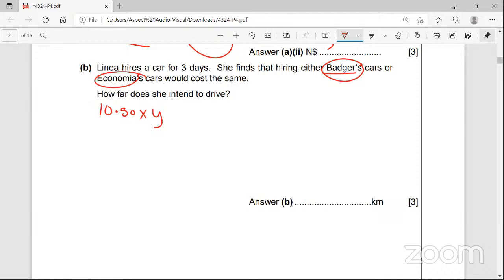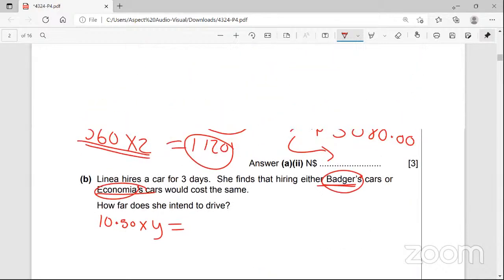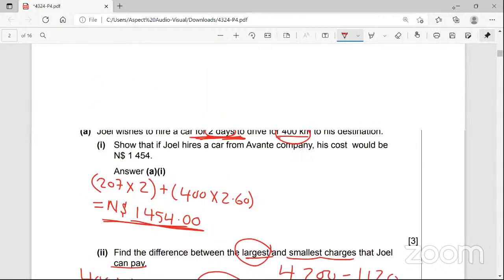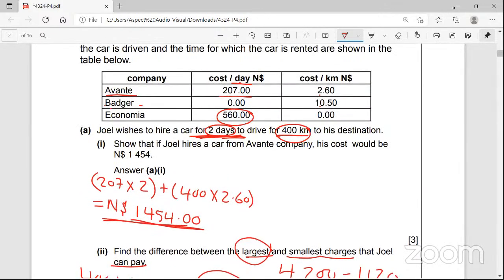Okay, so they are saying that if she hires with this company and this one, the cost will be the same. Are we together? So Economia, you go up there. How do they charge? What is their plan for charging? Economia charges per day. But how much do they charge? 560, is it?